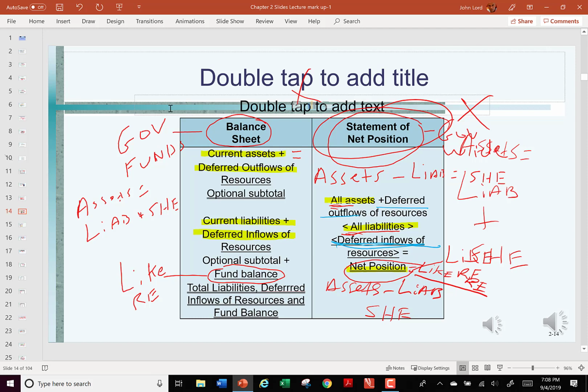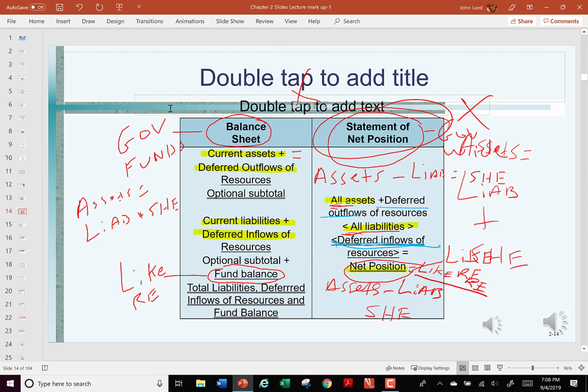Okay. Then we have our liabilities, and then we have something called deferred inflow. Okay, now what happens? This is money that has come in. It's not quite a liability, and it's not quite a revenue yet. So we report it on the balance sheet right next to the liabilities.